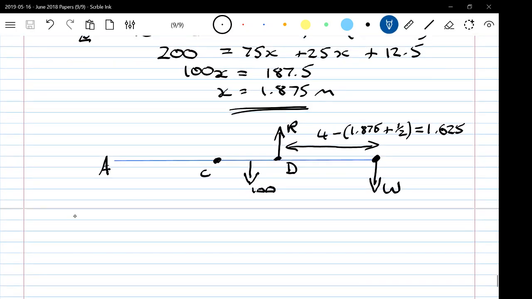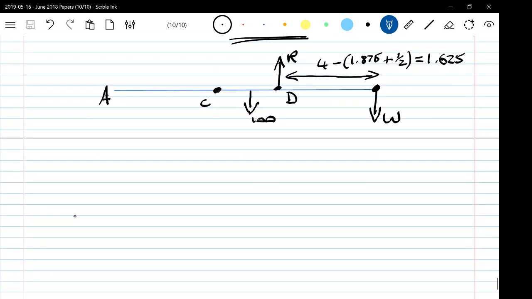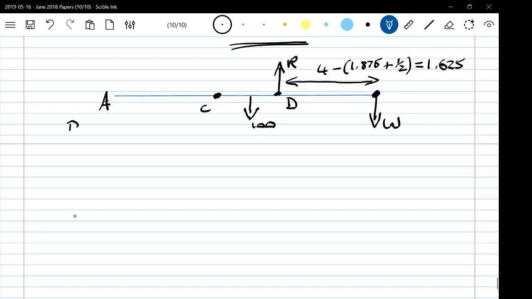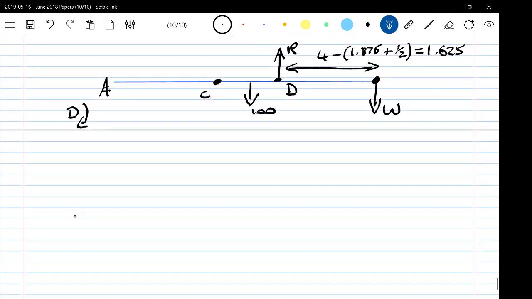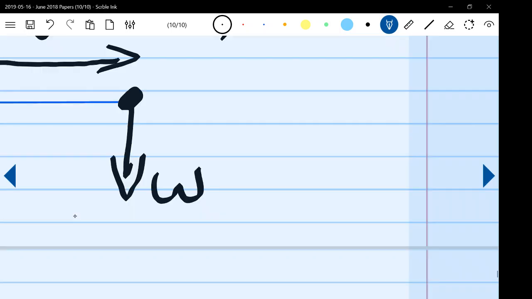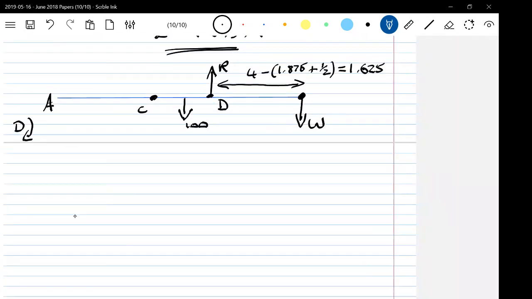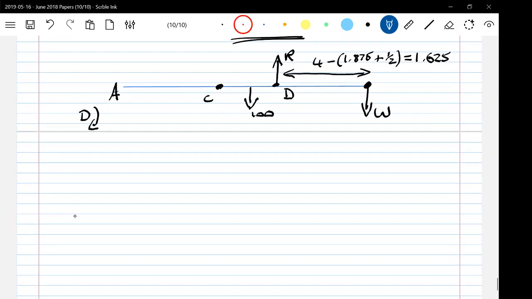If I can get the pen to work. Eventually. Come on. Maybe I'm going to do it then. Take moments about D. Why won't it let me go onto a new page? And I have W. It's not going to let me write on this new page, is it?